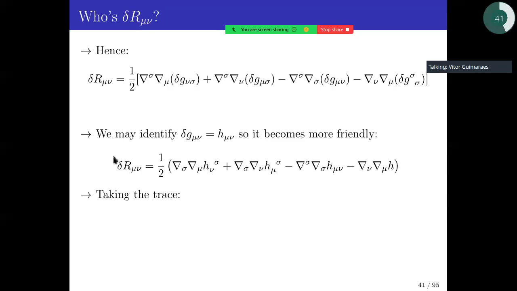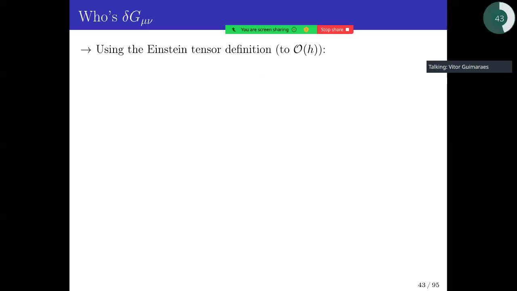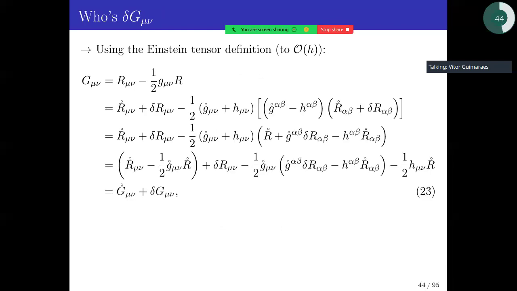We identified the delta G mu nu, took the trace to find the perturbed Ricci scalar, and constructed the perturbed Einstein equation by doing all these steps, which is the safest way to do this.